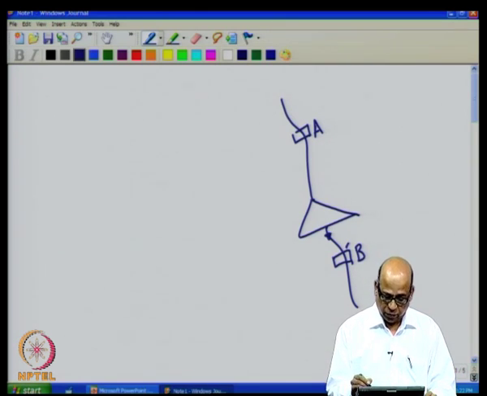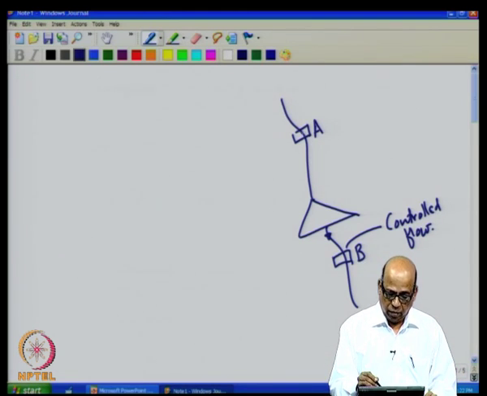So, what you are seeing here is a controlled flow. And if there are no major structures upstream of A, what you are seeing here is natural flows.